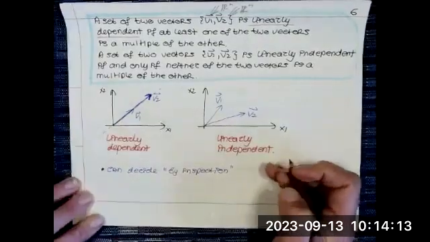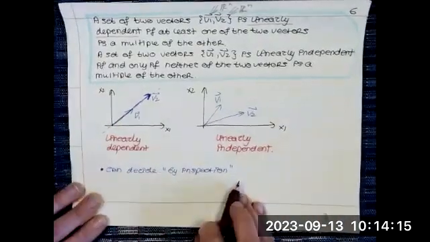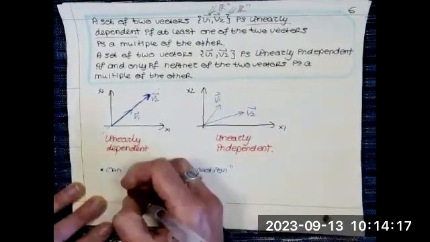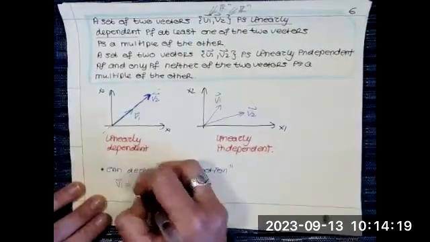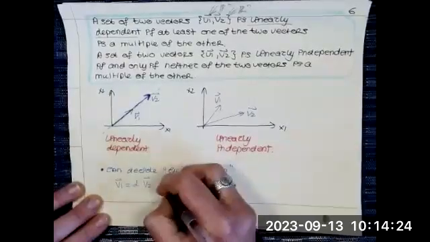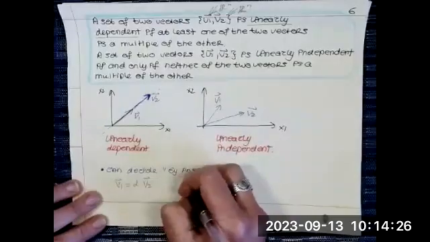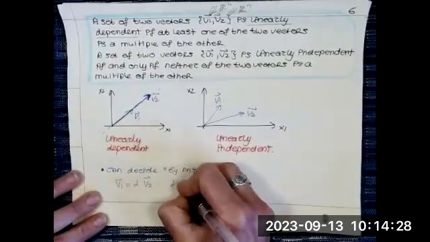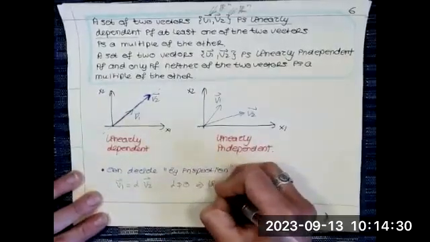And again, for the set of just two vectors, you don't have to do any kind of rigorous derivation. You can always just do this by inspection, like check if v1 equals some constant times v2. If that constant is not 0, then they're linearly dependent.